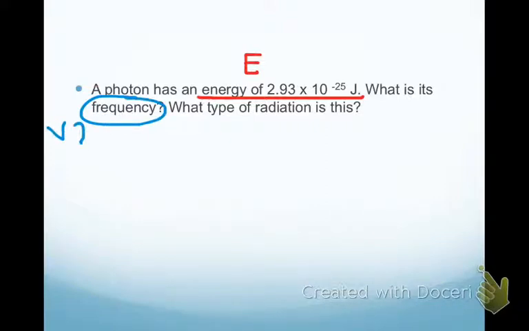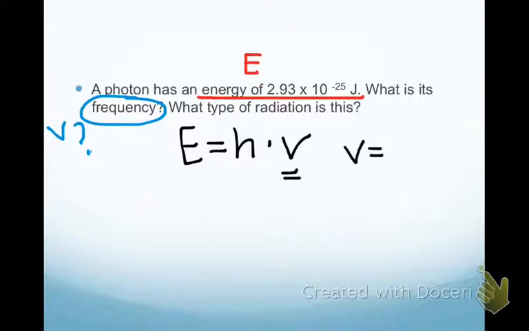I don't know the frequency. So if I go back to my previous equation, I know that E equals H times frequency. I have an E in the problem. I don't know frequency. So H, remember, is that constant, Planck's constant. If frequency is what I'm solving for, let's get frequency by itself in this equation.